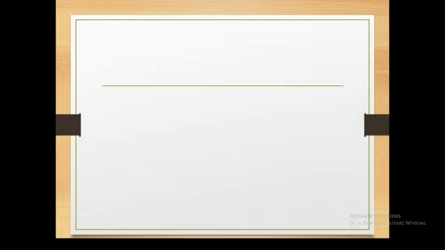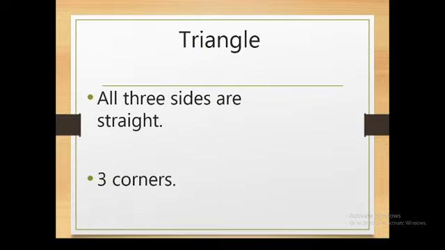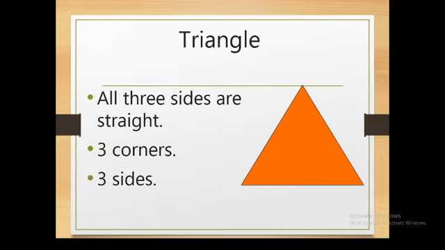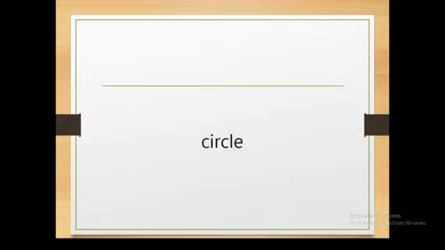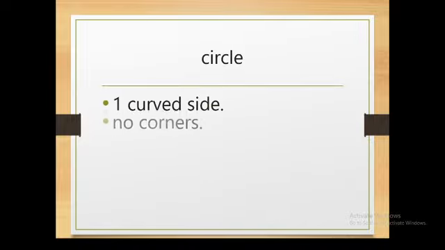The next is triangle. Now what are the properties of a triangle? It's very simple. It has three sides. So 1, 2, 3. It has three corners. 1, 2 and 3. The next is, well, a circle.